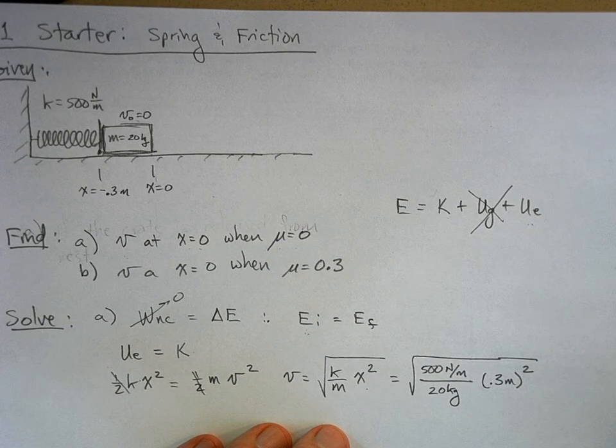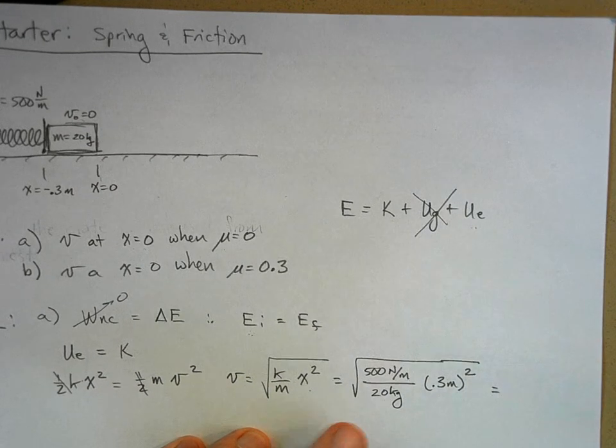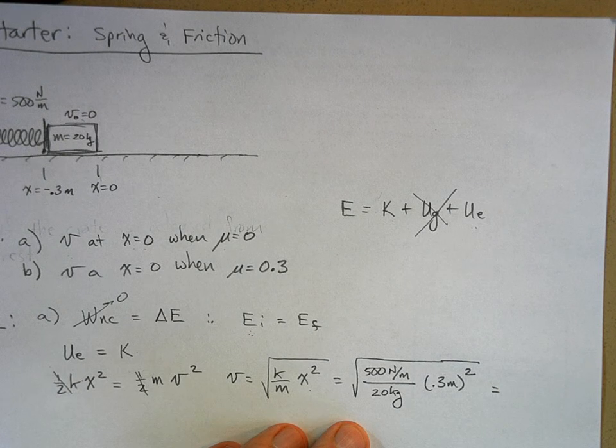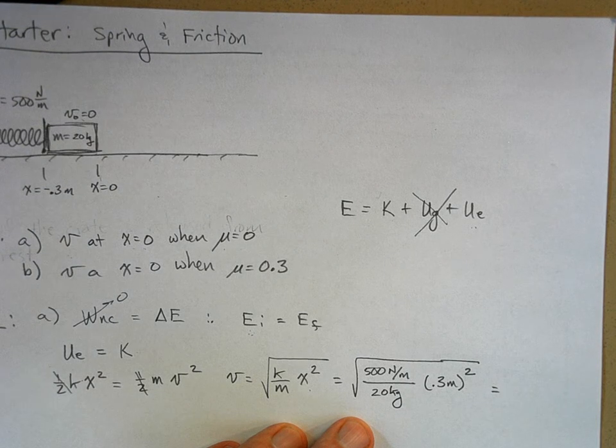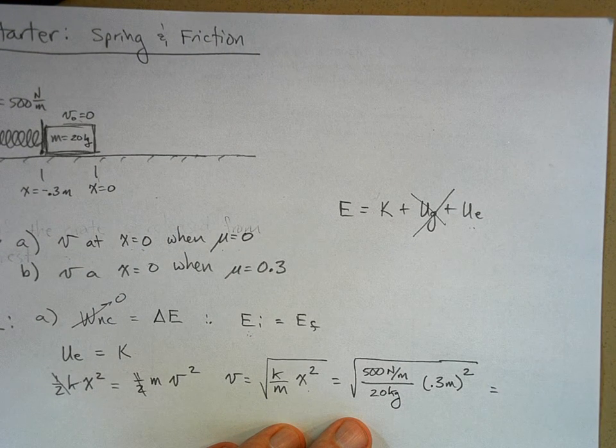And so from that, when I plug in my values, let's see, 500 divided by 20 is 25, times 0.3 squared equals 2.25, and then we're going to take the square root of that, and I got 1.5. Do you agree with that?